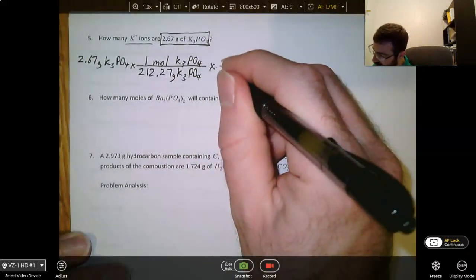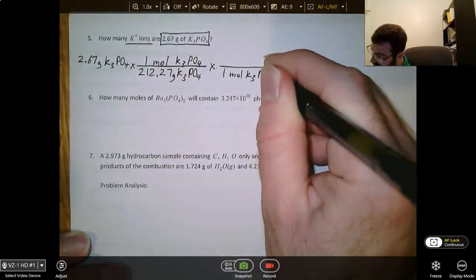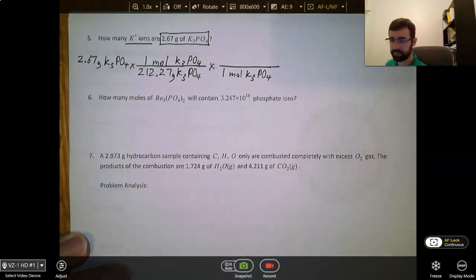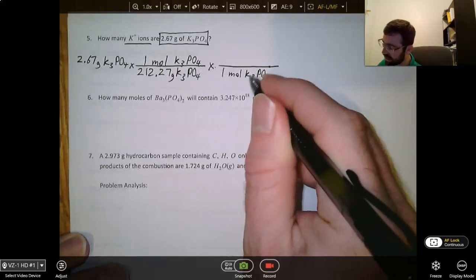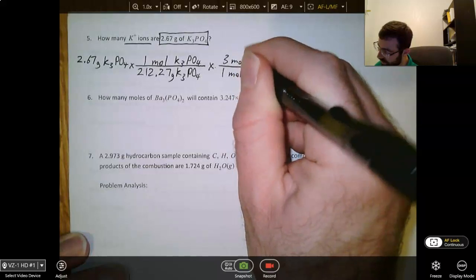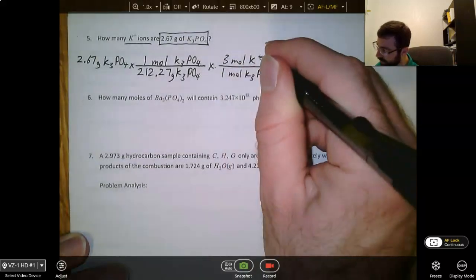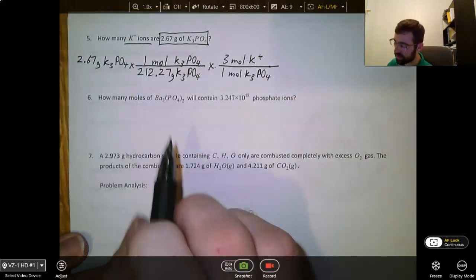For every 1 mole of K3PO4, how many moles of K plus do I have? 3. I've got 3 K atoms here, so I've got 3 moles of K plus for every 1 mole of K3PO4. That gets me to moles of K plus.